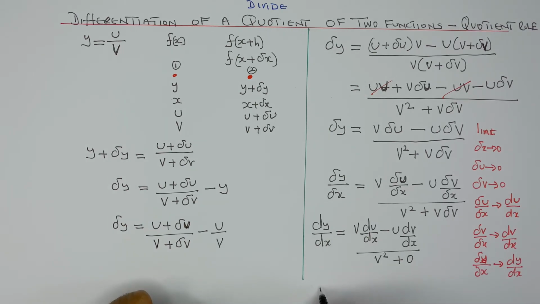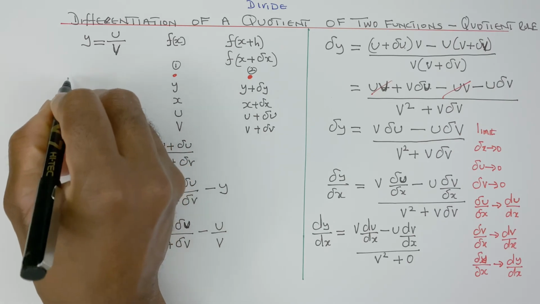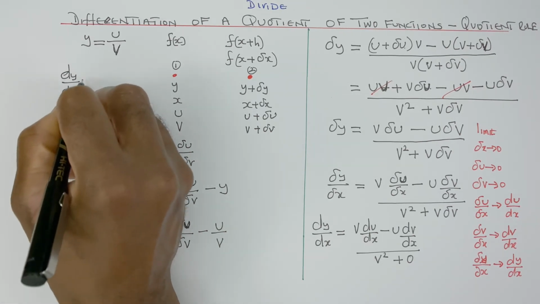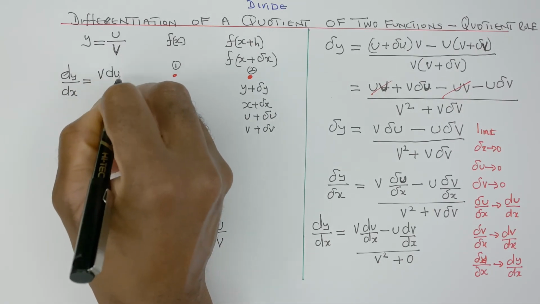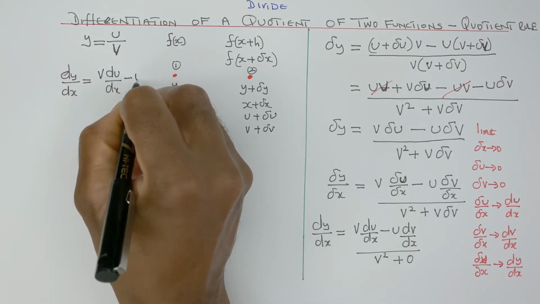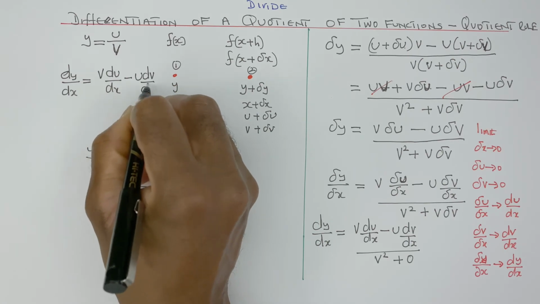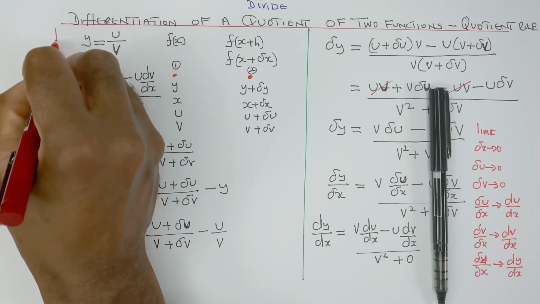Finally, the derivative: if you have y equals u over v, dy dx will be equal to v du dx minus u dv dx, over v squared. So that's the derivation.